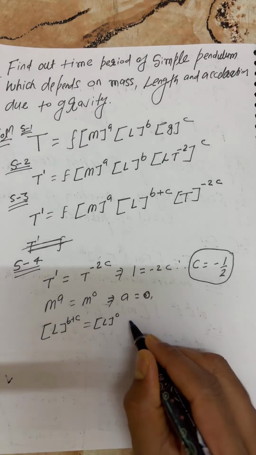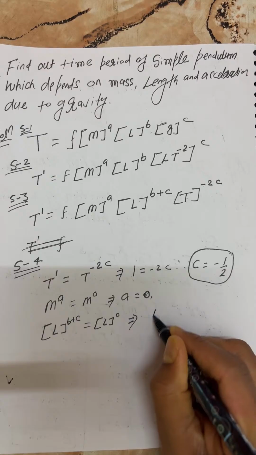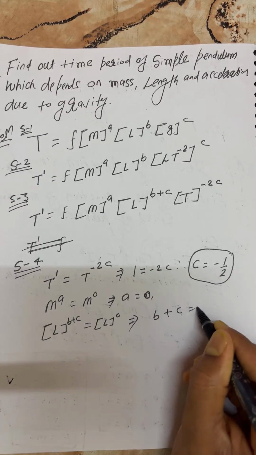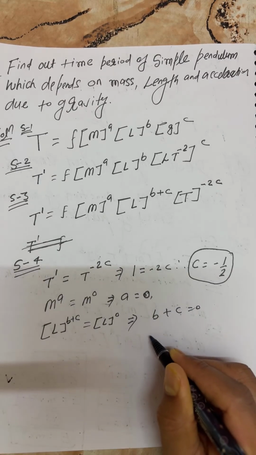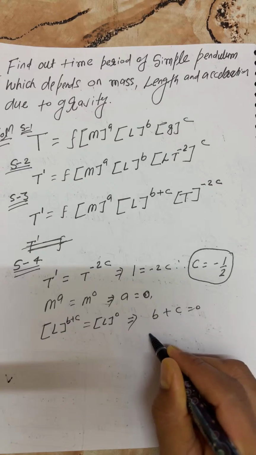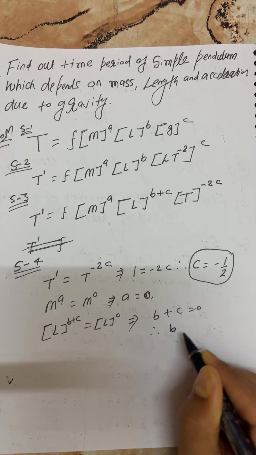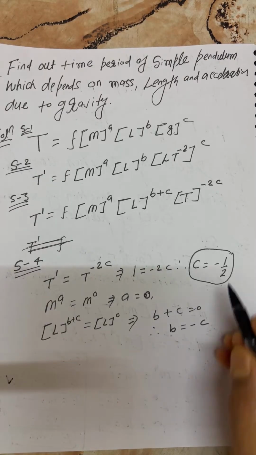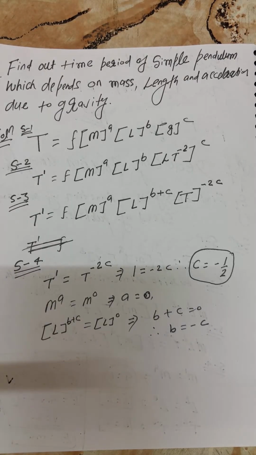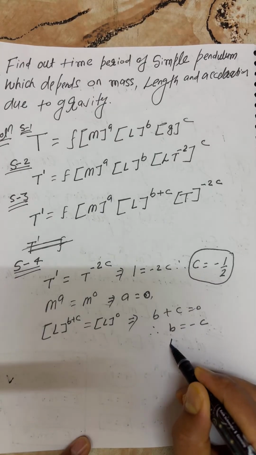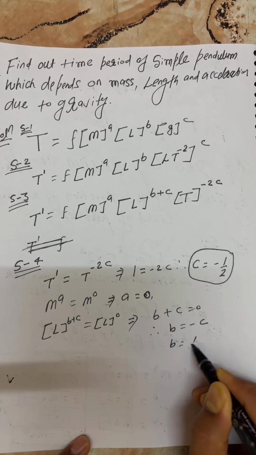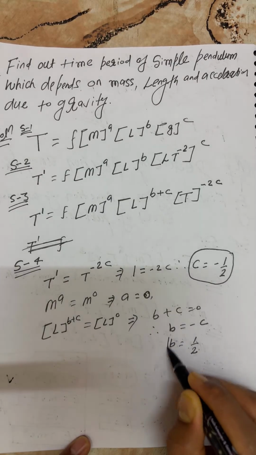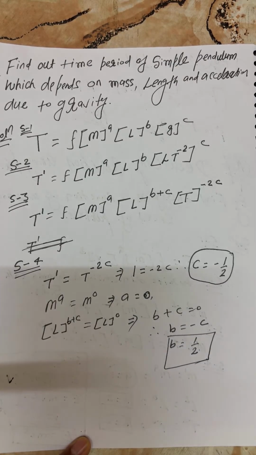So this implies b plus c is equal to 0. Therefore b is equal to minus c, and c we have already found. So b is equal to 1 by 2.